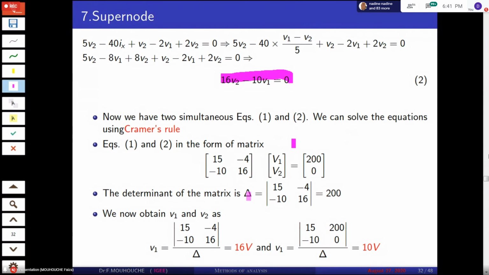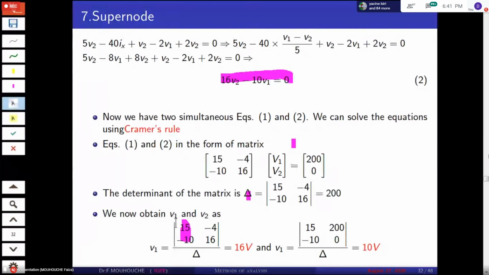We have the common determinant equal to 200, and for V1, we delete the first column. Yes, here there is a mistake also. We try to calculate it. We replace it by 200.